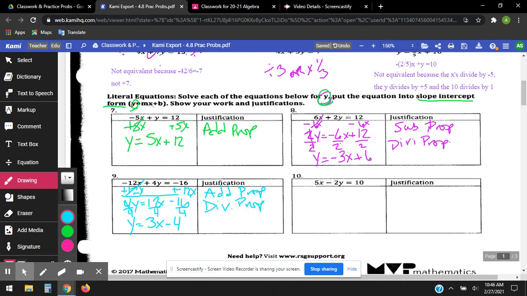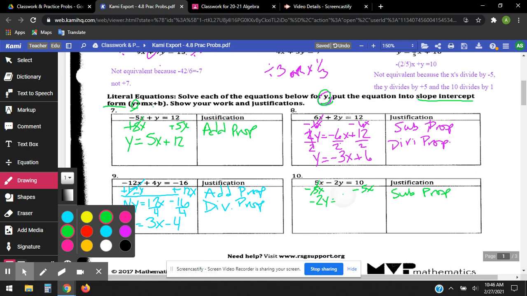Okay, last one. Positive 5x. So now I need to subtract 5x. Being very careful on those now that I missed that first one. Subtraction property. Those cancel. Negative 2y equals negative 5x plus 10. Remember, those signs go with the number.